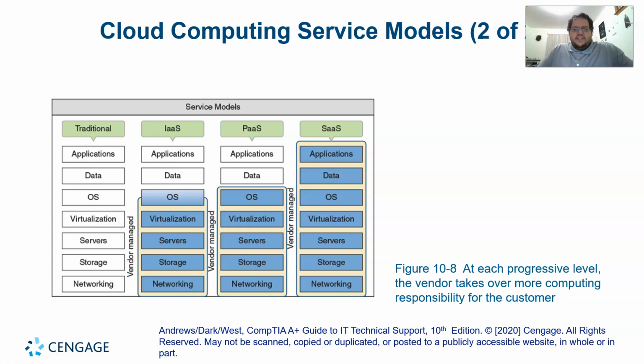So this is pretty much what it took. Traditionally we have the application, data, OS, virtual server, storage, network. This is my service model. With IaaS, my operating system, virtualized server, and storage are maintained by the vendor, so I don't have to have a big IT department. I could shrink it down to a little one. Then with PaaS, platform as a service, it's the same thing: I only have to control the application and data.